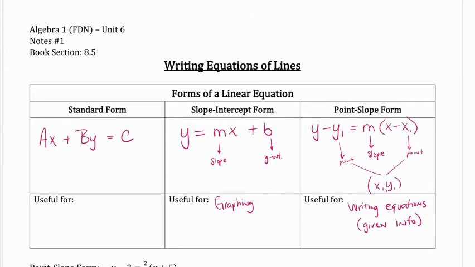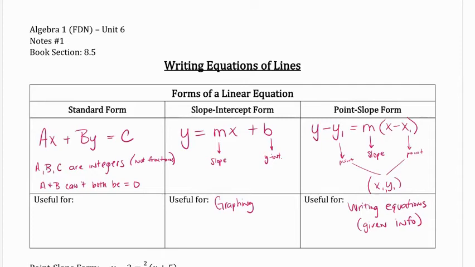And that a, b, c, those are just numbers, right? So a, b, and c are integers, meaning they are not fractions or decimals. And then a and b can't both be 0. We talked about this a little bit in the last unit. We talked about how A and B can't both be 0 if it's a linear equation.